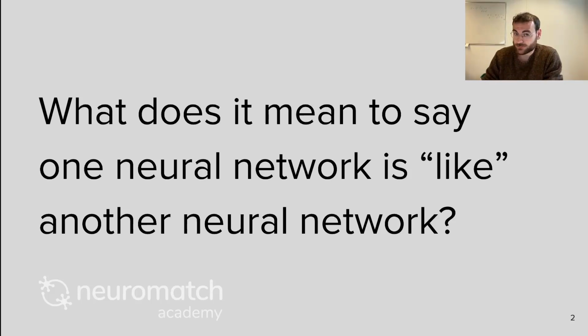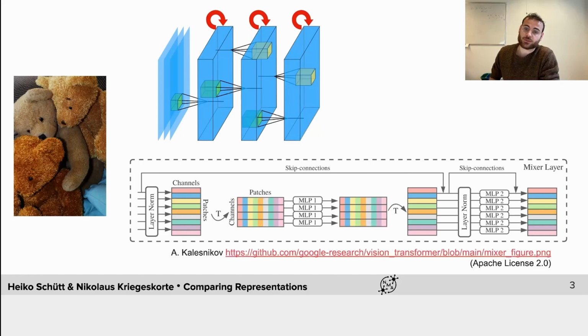So we are spending a whole day on this question because it is actually a hard one. And it is a hard one because deep neural networks are very different from each other. This is illustrated here on the slide for this very simple 3-layer recurrent neural network on top and a mixer architecture of which you see only a single layer here.